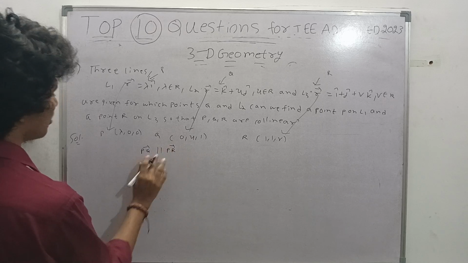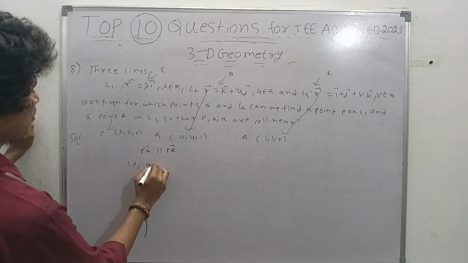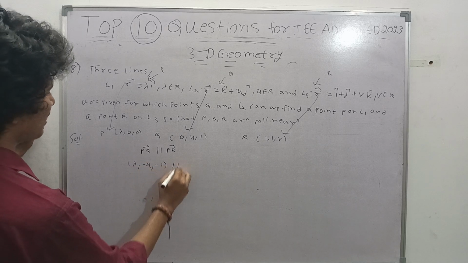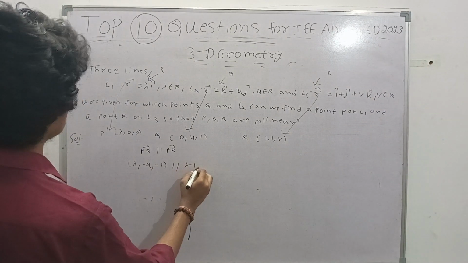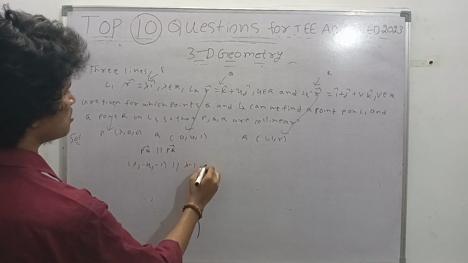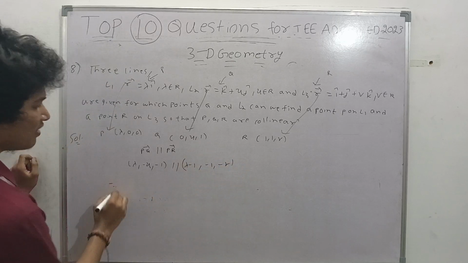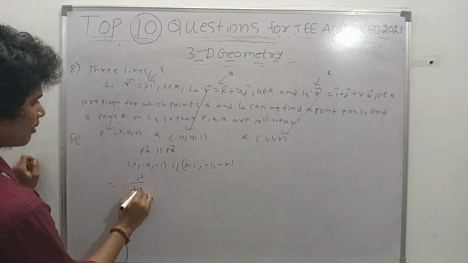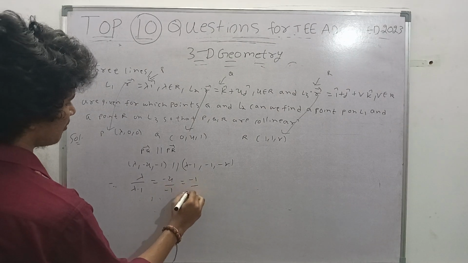I can find this. What is PQ? PQ is lambda minus nu minus 1. This should be parallel to PR, lambda minus 1 minus gamma. So if it is parallel, it should be proportional. Lambda divided by lambda minus 1 equal to minus nu by minus 1 equal to minus 1 by minus gamma.